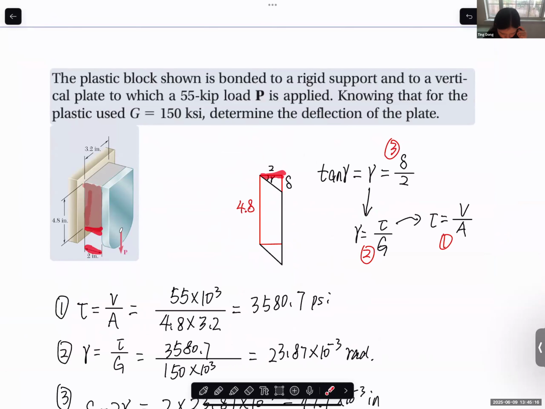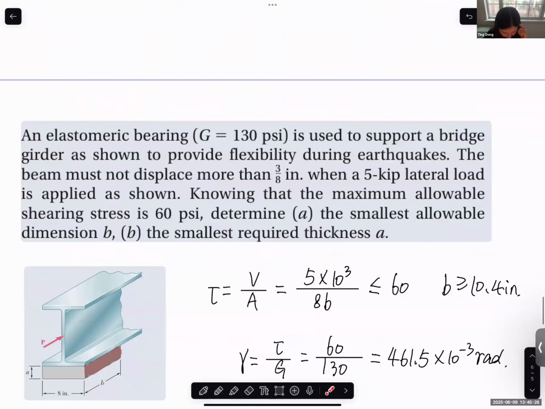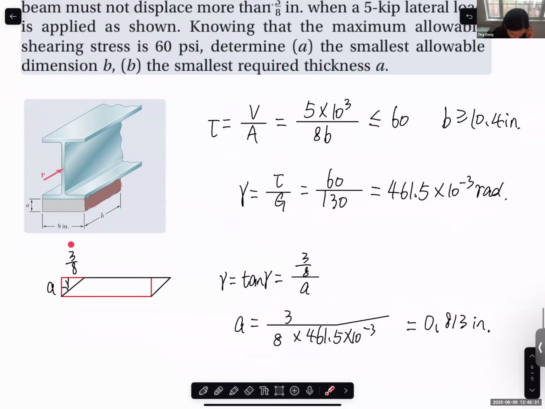And in this triangle, gamma equal to this edge length over this edge length. So that's why we have the delta over 2. And similarly, we have the threshold value here, we have the A that we need to calculate here, and the gamma in this triangle equal to tangent gamma equal to this one over this one.